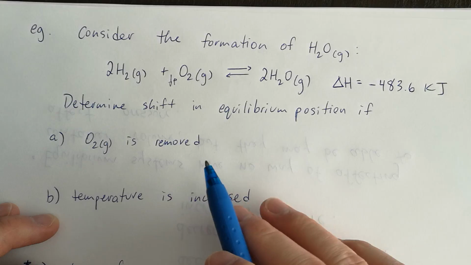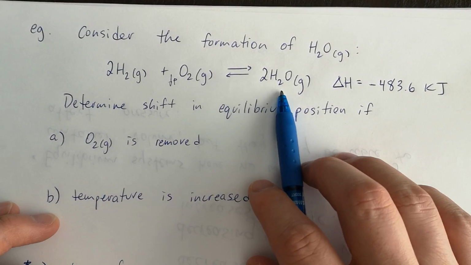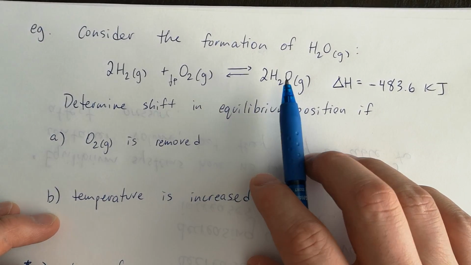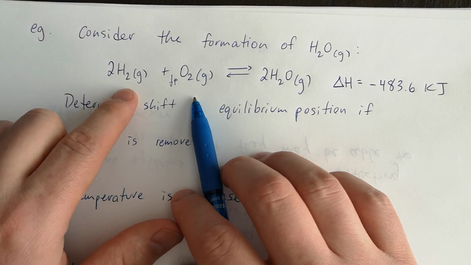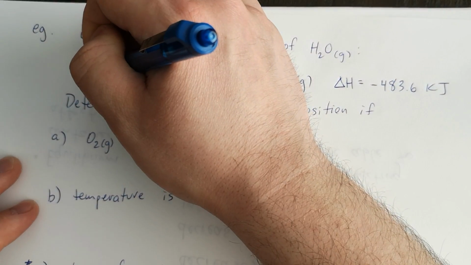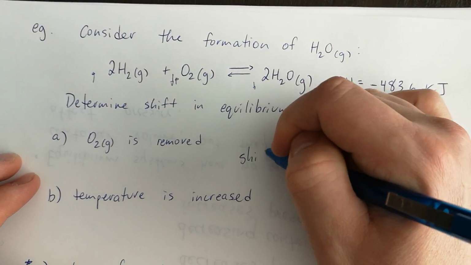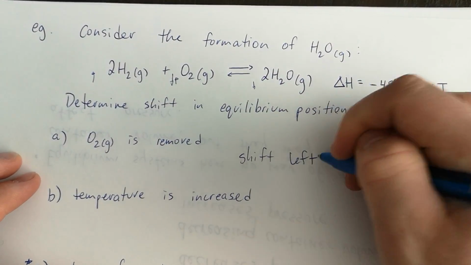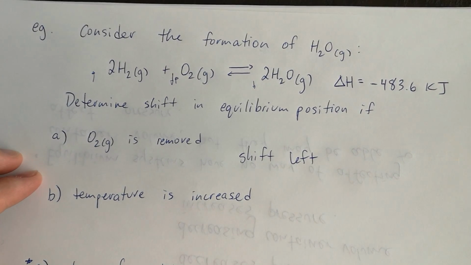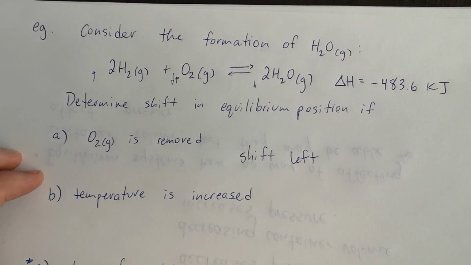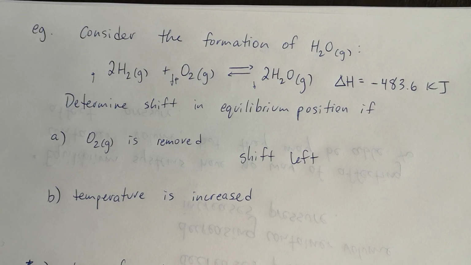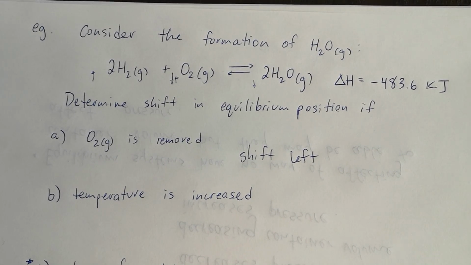The only way it can bring back oxygen is by making water react with itself. Two waters get together to form these guys. So H2 is going to go up, water is going to go down. That's a shift left.